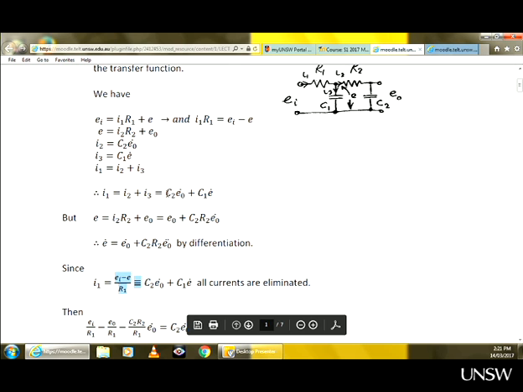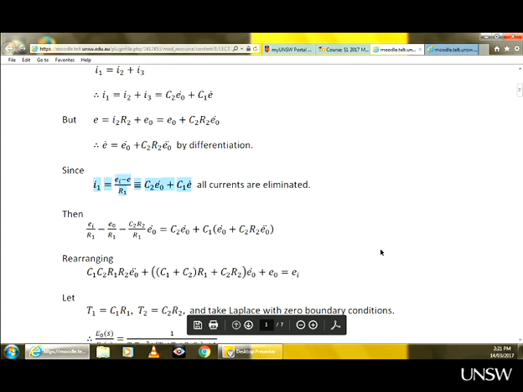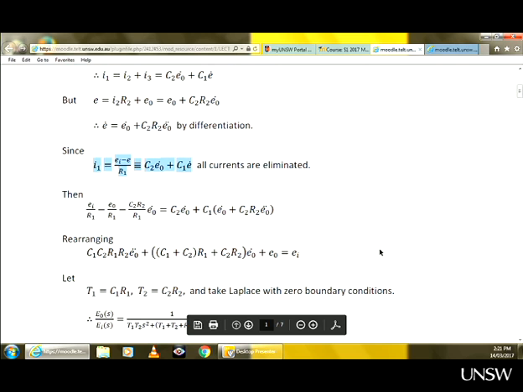And that is equal to what we already wrote about I1. So now that we have this equation, we got rid of all currents. Now we have only voltages in this differential equation. So what we are really doing here is manipulating those equations to gradually get rid of those variables we don't want.